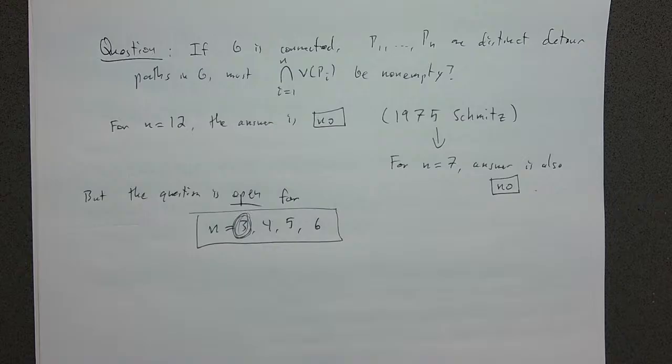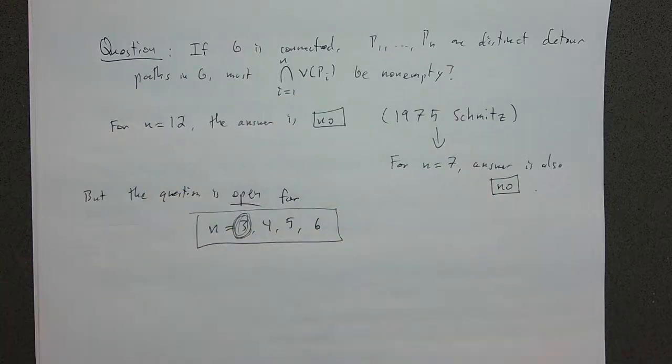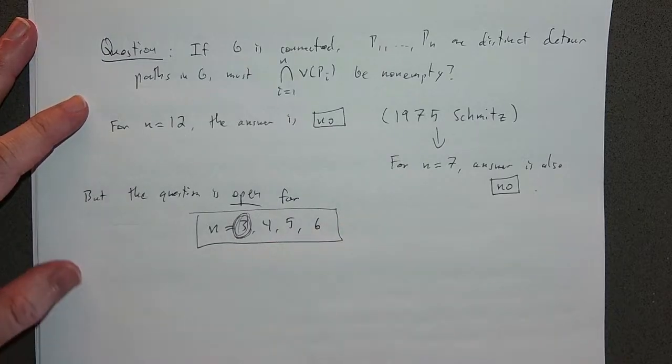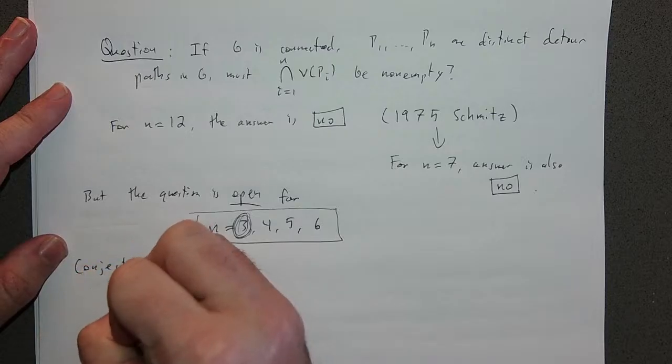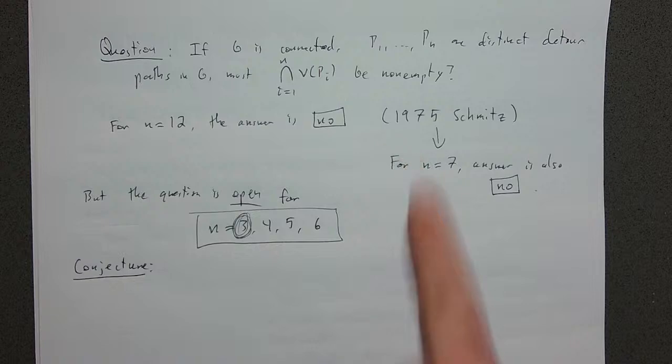More shaky in that there just might be an example here that just hasn't been cooked up yet. But who knows? It could be true for 3, 4, 5, and 6. But for now, n equals 3 anyway is just a conjecture. This is actually open for 3, 4, 5, or 6 detour paths. This same question is open.